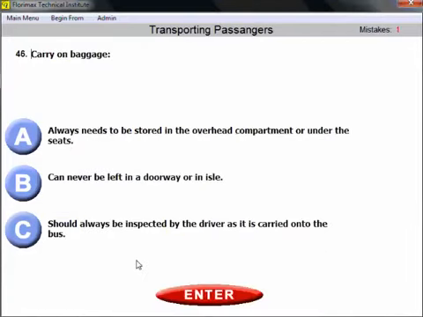Question number 46. Carry on baggage can never be left on a doorway or in aisle.